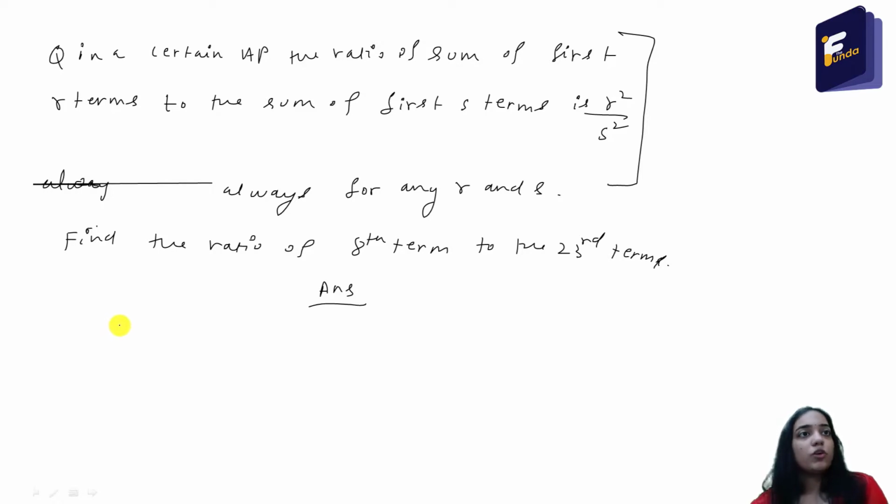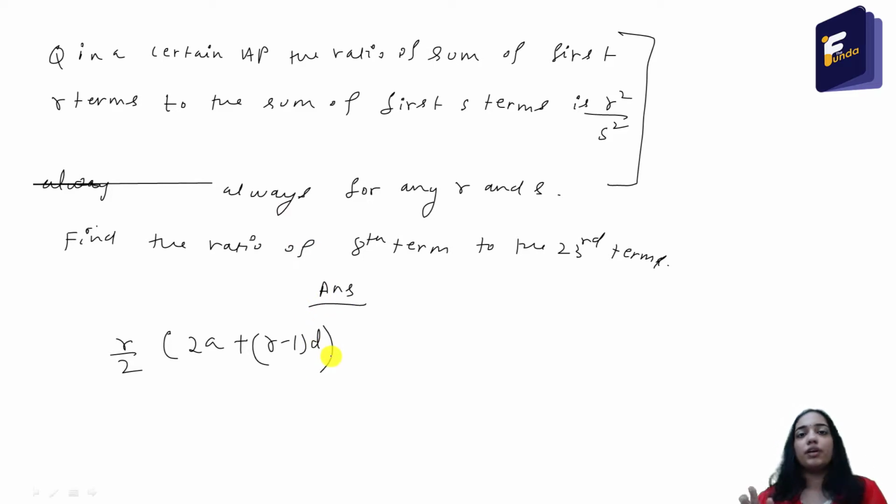So what is the sum of first R terms? It is n by 2 into 2a plus n minus 1 d. So it is R by 2 into 2a plus R minus 1 into d. We don't know anything about that AP, only this condition, so let the first term be a and the common difference be d.